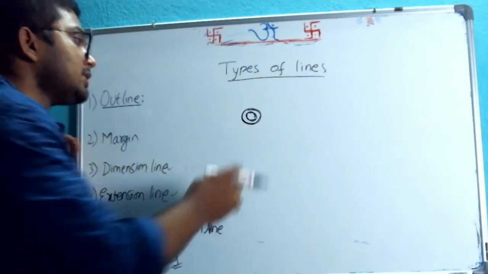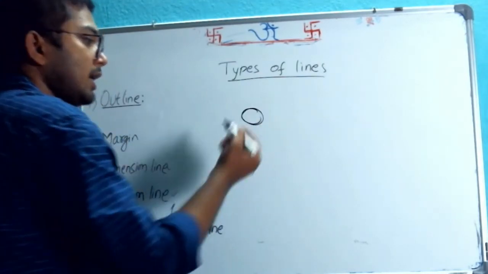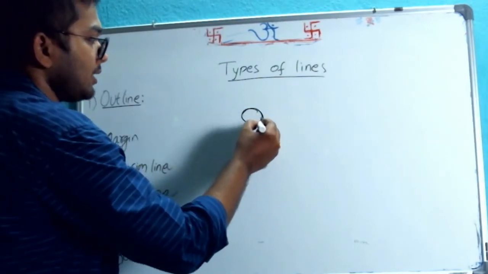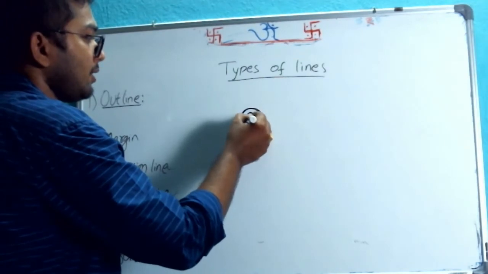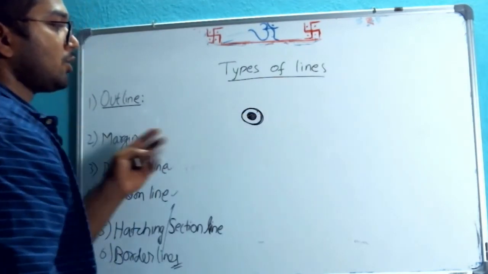Then we have to hatch it. So what happens? The outer shell of this marker is of negligible thickness, like this. Inside it there will be a refill with sponge. It will be filled. We have to show it like that.